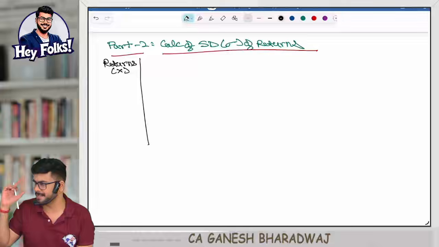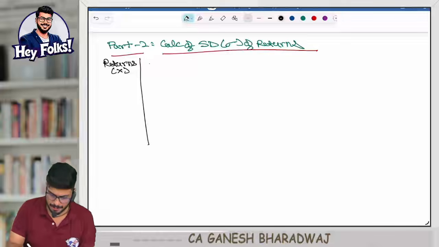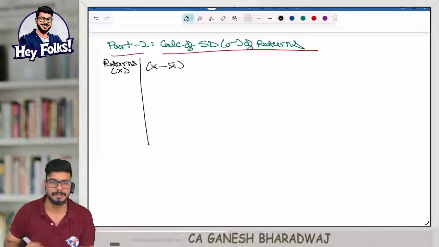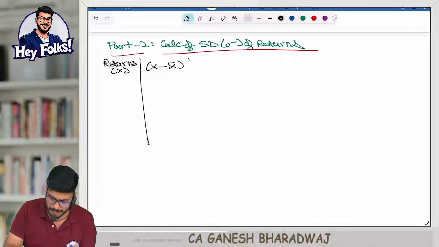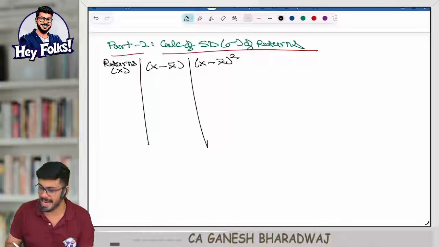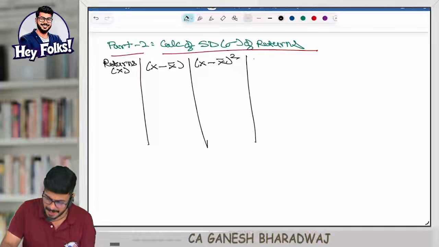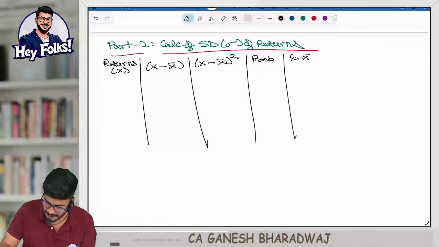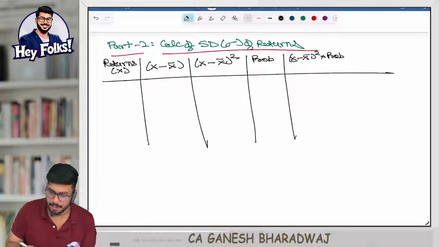We have X. Then we do X minus X bar. And then here, X minus X bar, the whole square. And after this, we take probability and multiply the two. We will see X minus X bar, the whole square into probability. Is this clear? Shall we do it now?